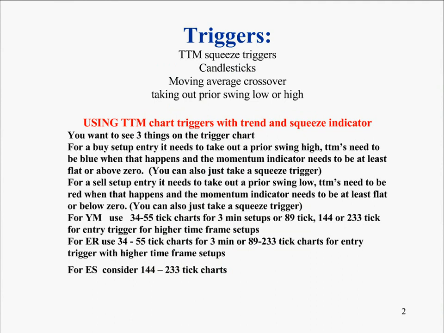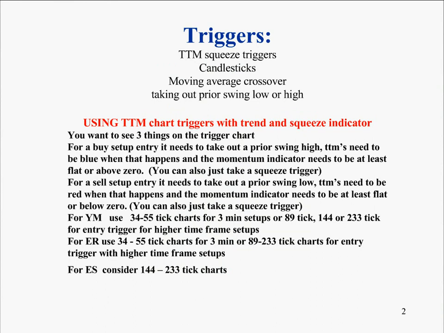Now, the favorite trigger that I have is using the TTM trend and squeeze indicator. I don't necessarily wait for the squeeze to fire off, though you can use that. But what I do like to see is the color change of the bars to indicate the reversal. I also want to see it take out a prior swing high for a buy trigger, or take out a prior swing low for a sell trigger.